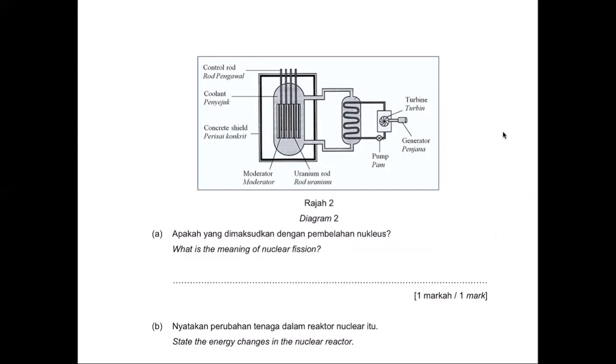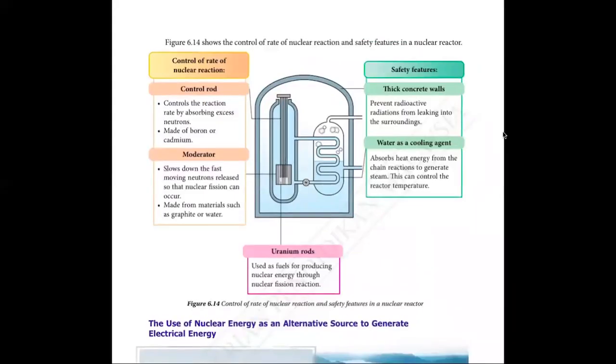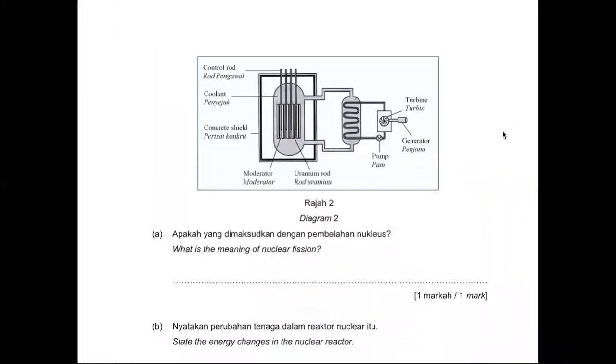This can be found in your physics form 5 textbook. Okay, you can refer back to your textbook on page 216 for the nuclear reactor. Read that one back again, okay, on page 216.